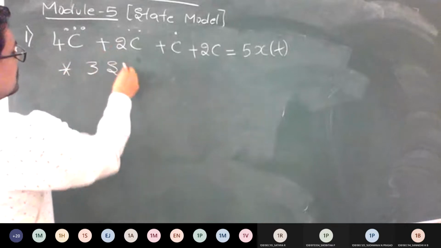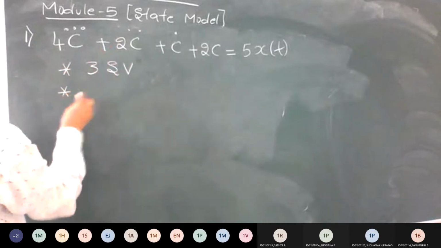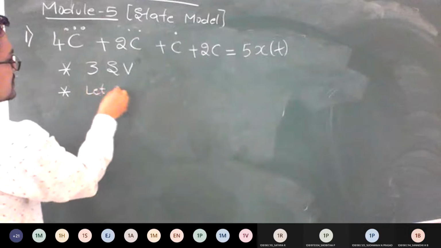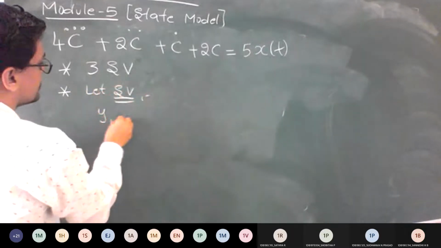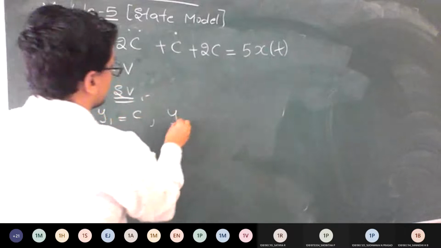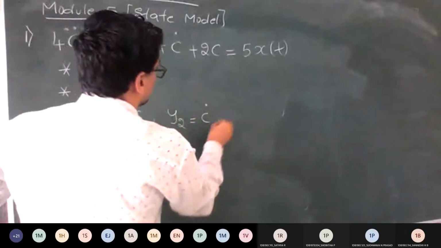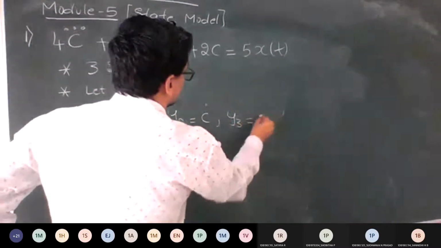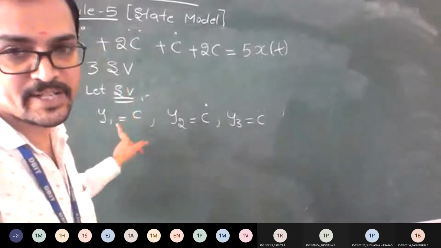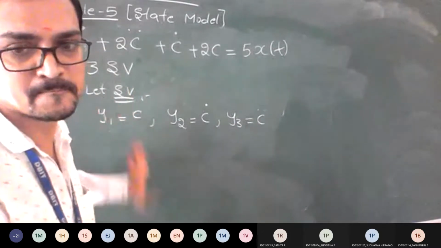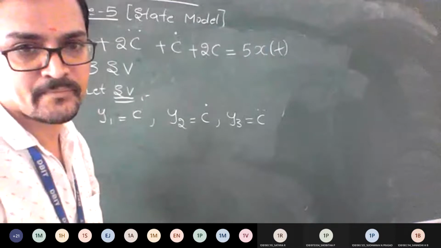Second step, the assumption of state variables: y1 is equal to c, y2 is equal to c dot, y3 is equal to c double dot. I hope you got the difference. Why did we take y here? Am I clear? Yes, sir.